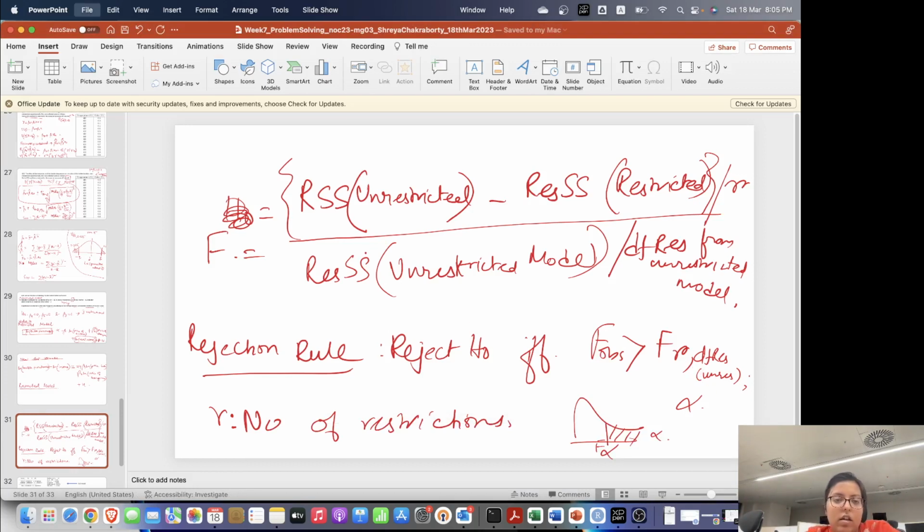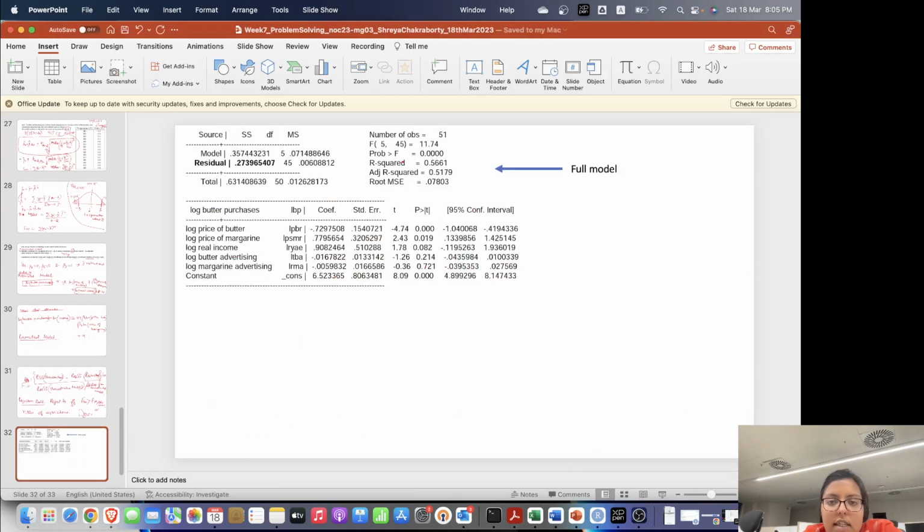Okay, so see, if this is my full model, then the unrestricted residual sum of squares is this one, 0.274, where I am fitting butter purchases on all my variables; this corresponds to alpha, these are the betas.